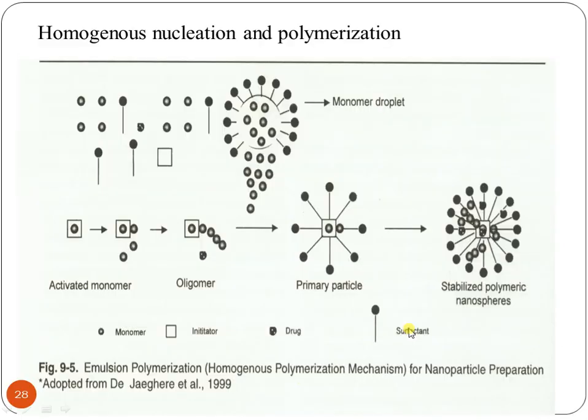In homogeneous nucleation and polymerization, first of all the activated monomer is there, and this box represents the initiator. An oligomer is formed first of all, and then the primary particle is formed. These are the surfactant units which are attached to the initiator, and this is the monomer. And then the drug is entrapped. These are the drug particles, entrapped in between these nanospheres.